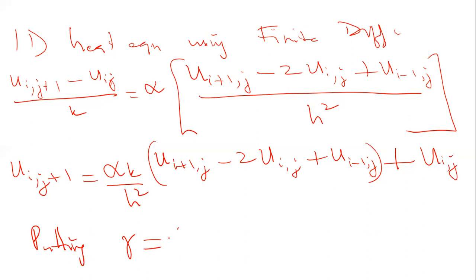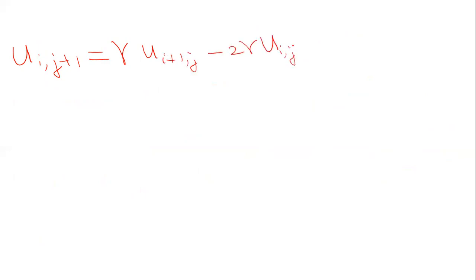Now if you put alpha k upon h square as a certain constant gamma, you can write u i, j plus 1 as gamma u i plus 1, j minus 2 gamma u i, j plus gamma u i minus 1, j plus u i, j.